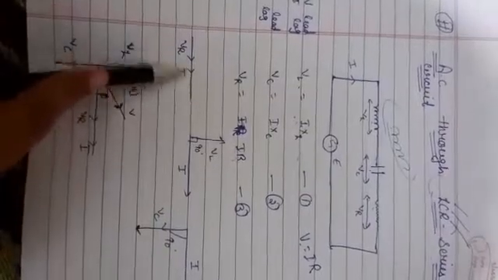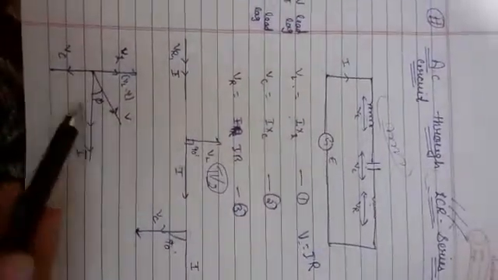So these three equations we know as per the last video. The next very important term, which we have also discussed so far: the voltage across the resistor and the current are in the same phase. So the phase difference between these two is zero.